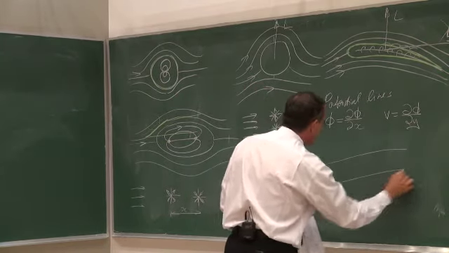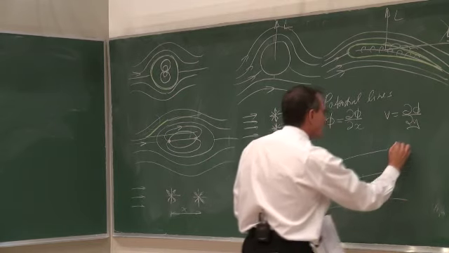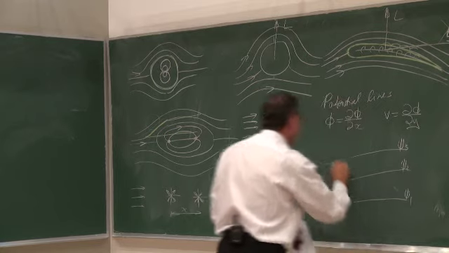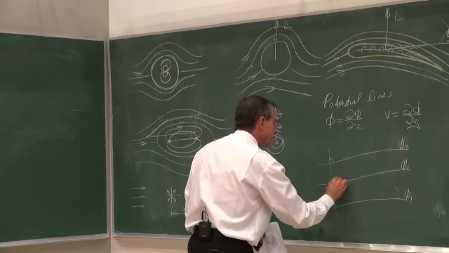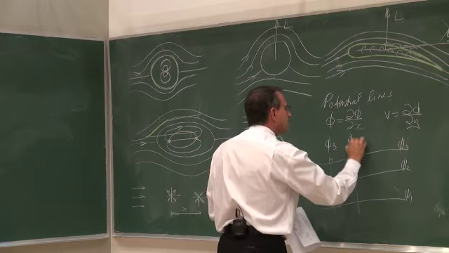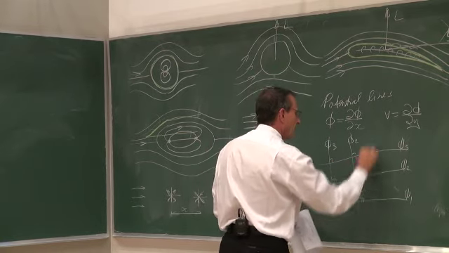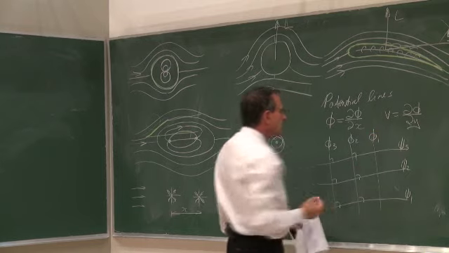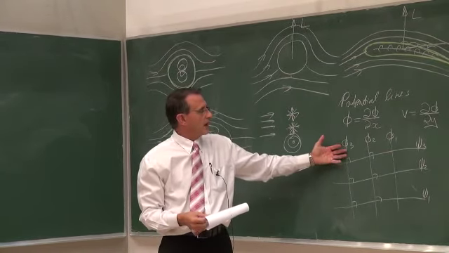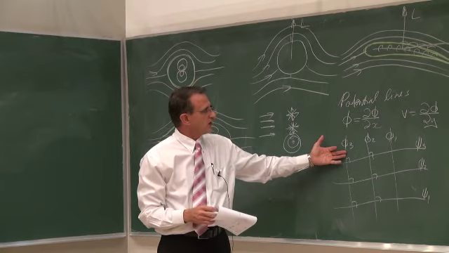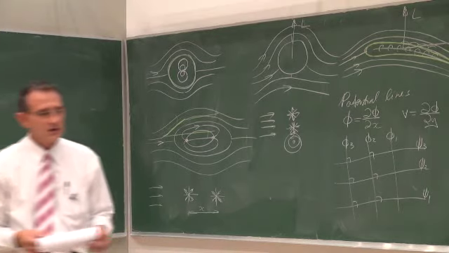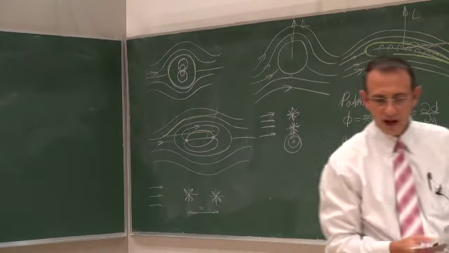So if these are our streamlines, psi3, psi2, psi1, then these lines are just perpendicular to these lines. And sometimes it was easier to derive the flow fields using the potential lines than the streamlines. So it depended on the application.